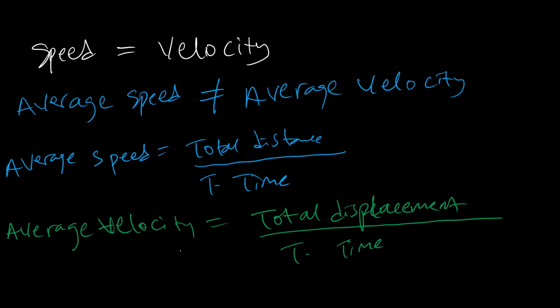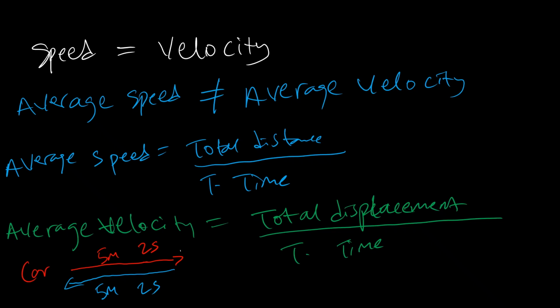Let's say we have a car that moves 5 meters towards east in 2 seconds. And then the car decided to turn back and move 5 meters towards west, also in 2 seconds. Now, what will be the average speed and average velocity of this car?